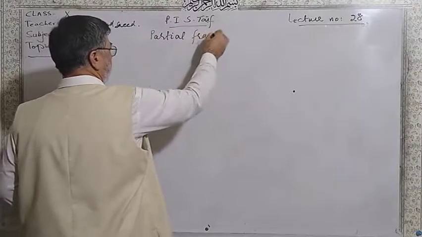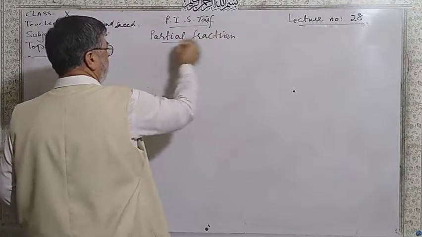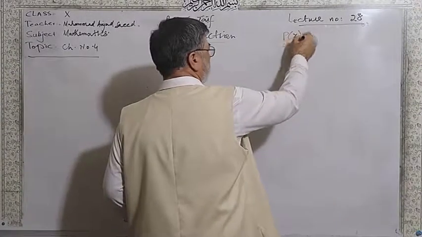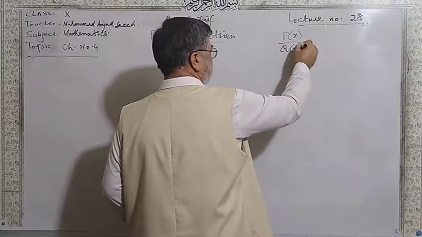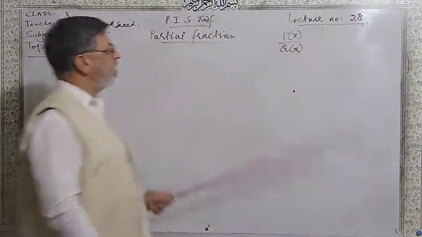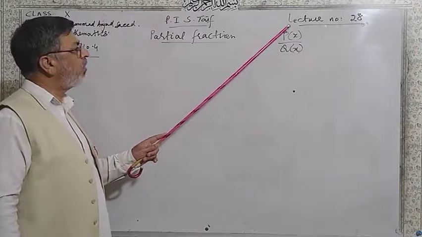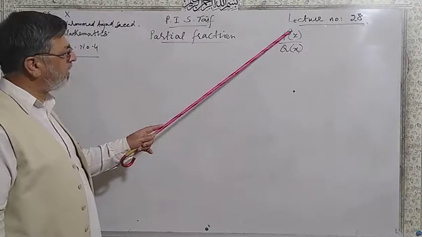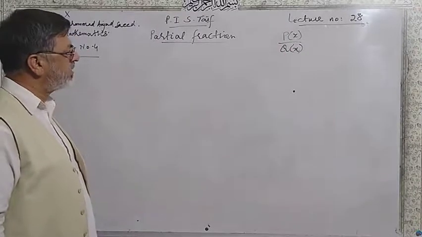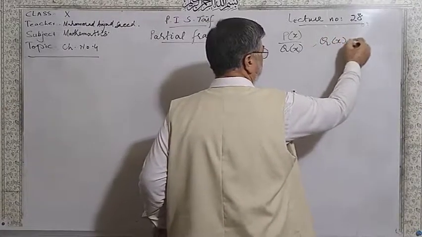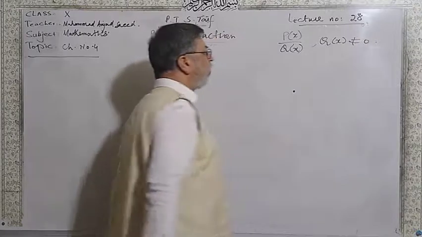Partial fraction. You know that P of x over Q of x is a fraction containing two polynomials, P of x and Q of x, where Q of x will never be equal to 0.